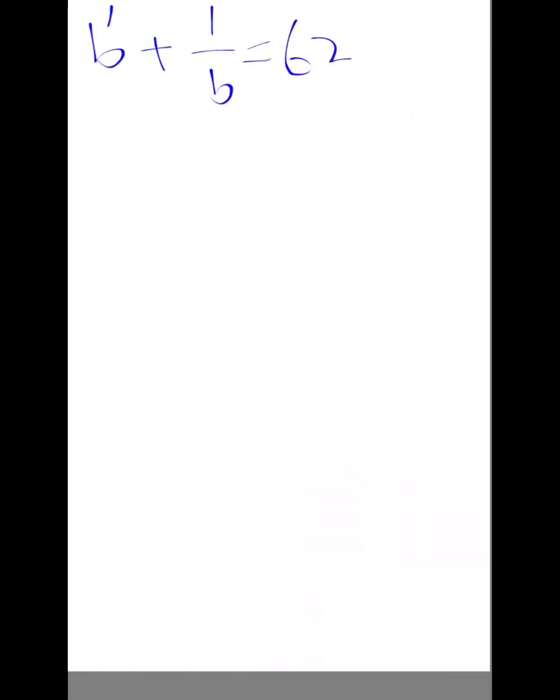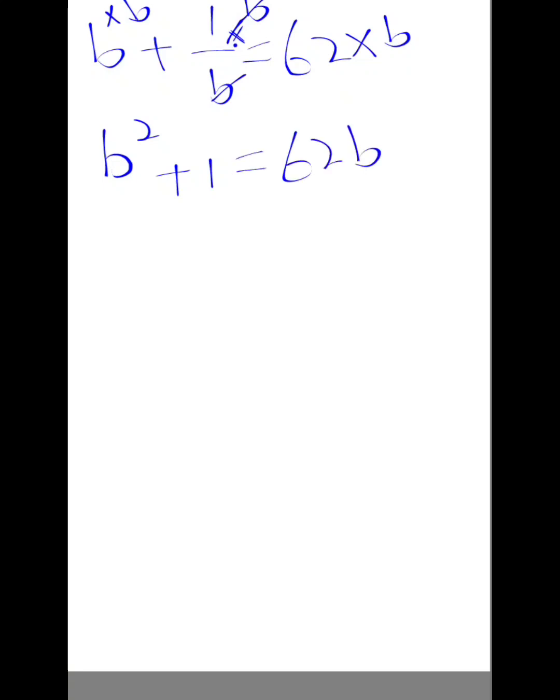So what to do now? We can multiply the whole equation by b to get rid of the fraction. So it will be b square plus 1, since b divided by b cancels, is equal to 62b. Rearranging our equation, b square minus 62b plus 1 is equal to 0.